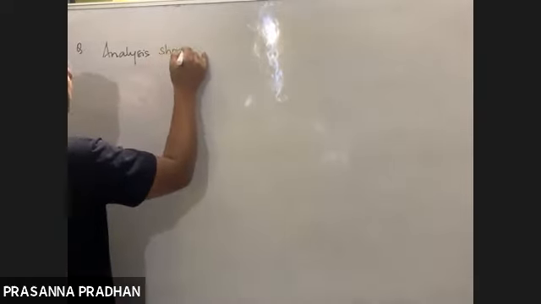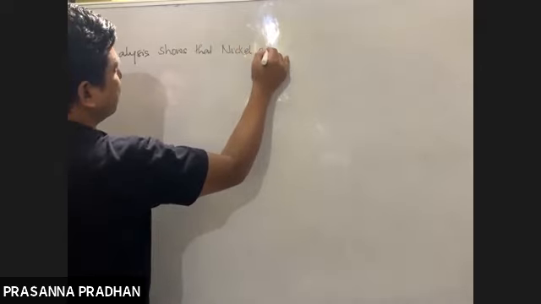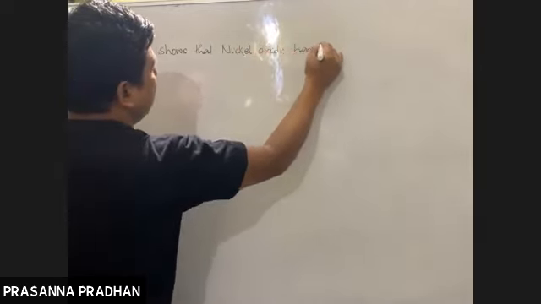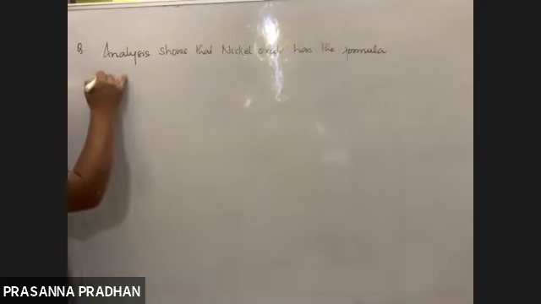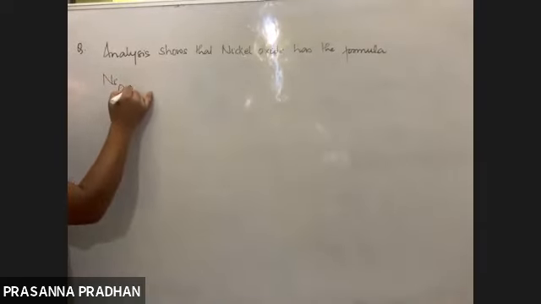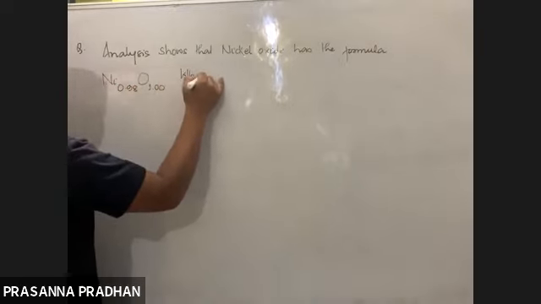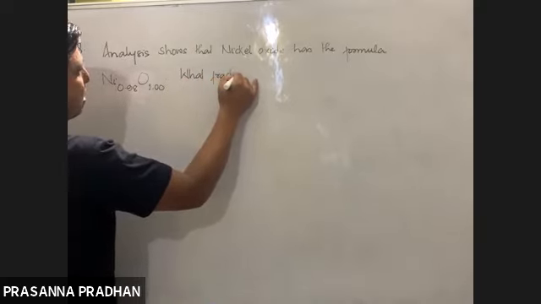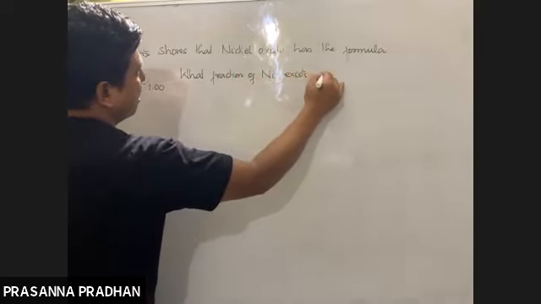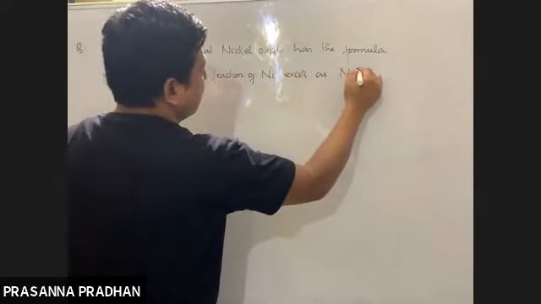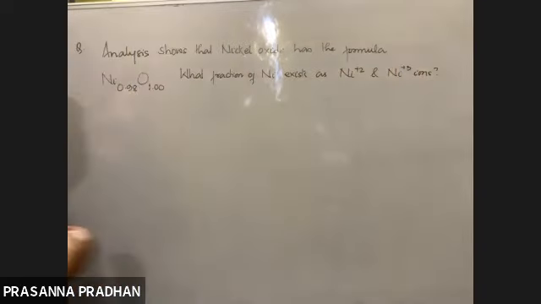Analysis shows that a nickel oxide has the formula nickel 0.98. चलो copy the question.